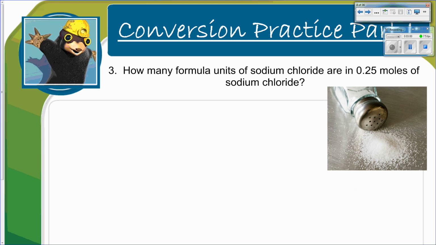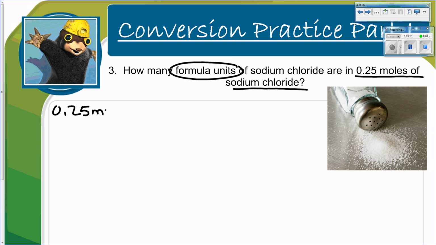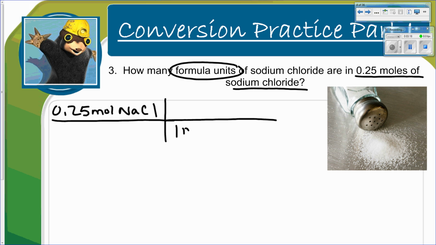Okay. How many formula units of sodium chloride are in 0.25 moles of sodium chloride? So using what we know, we've got 0.25 moles of sodium chloride. We convert it from formula units to moles. 1 mole is going to be the equivalent of 6.02 times 10 to the 23rd formula units of NaCl.